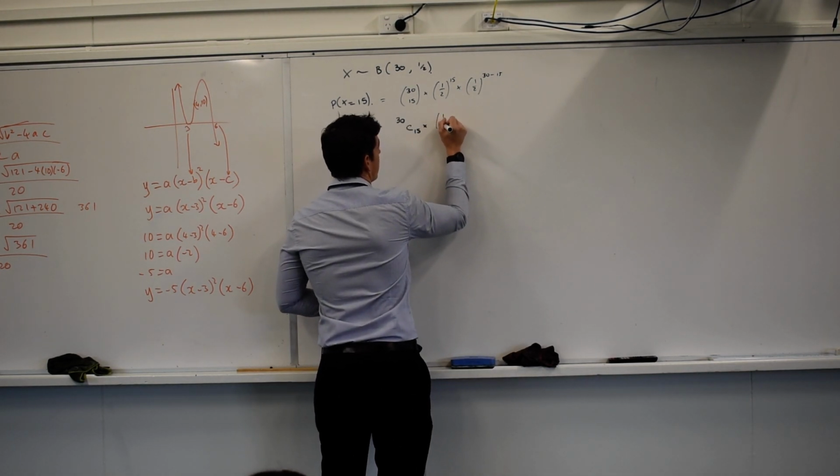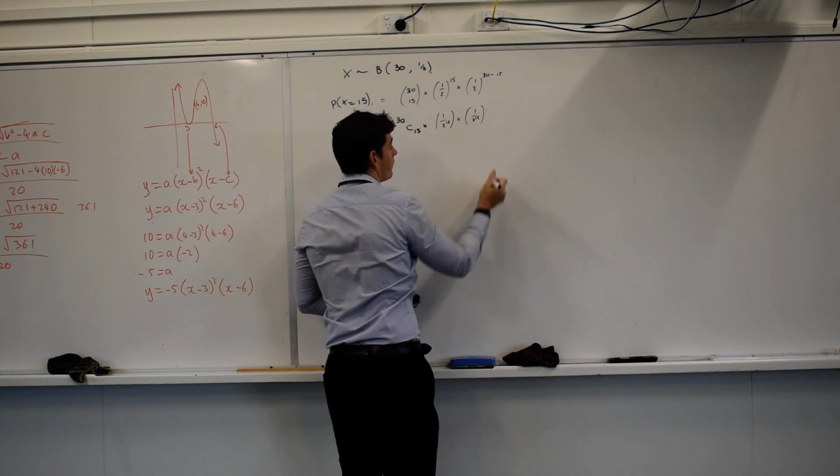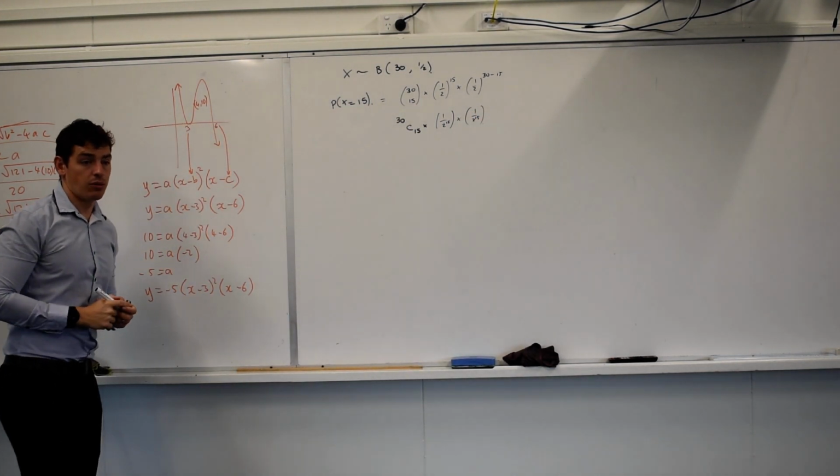So I just get 1 over 2 to the power of 15 times 1 over 2 to the power of 15. Happy with that?